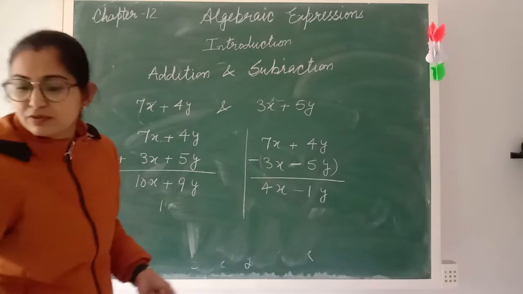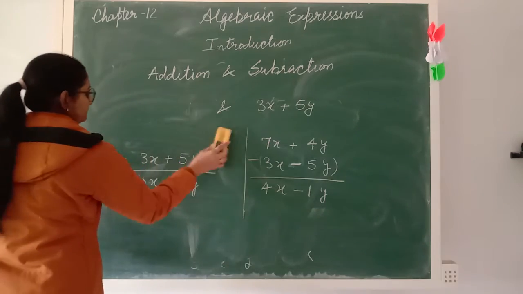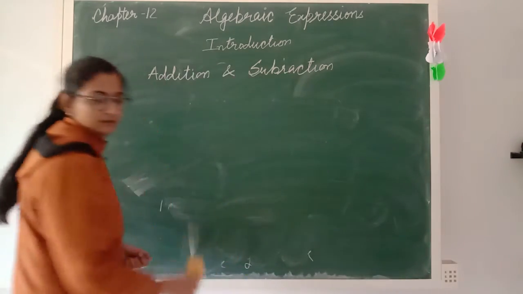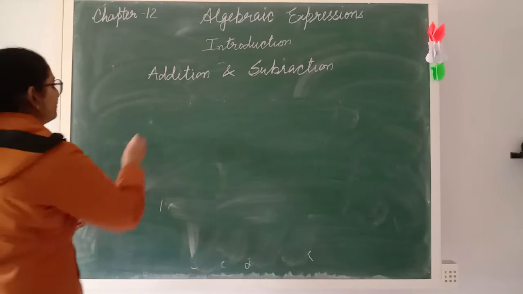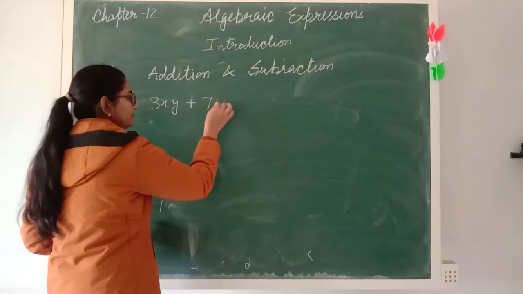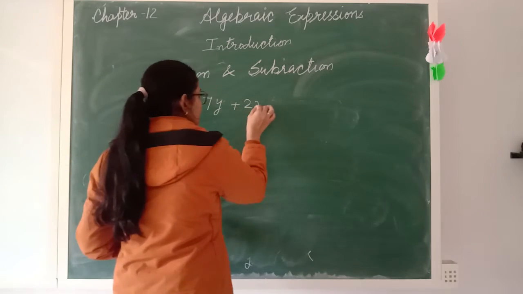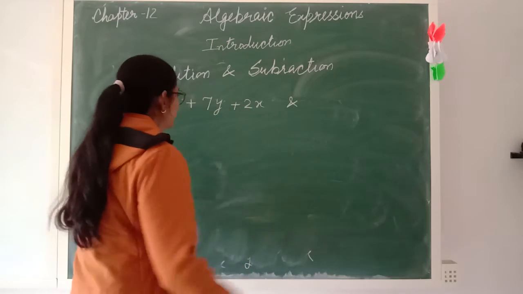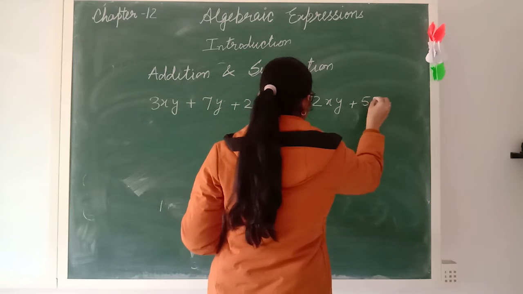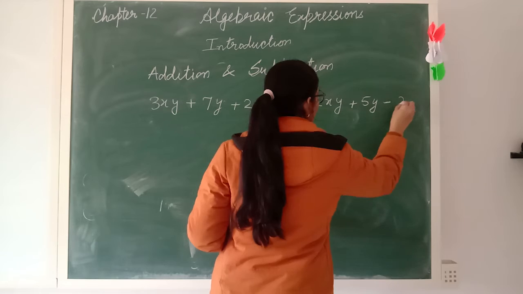I'm going to take another example. We have 3xy plus 7y plus 2x and another expression is 2xy plus 5y minus x.